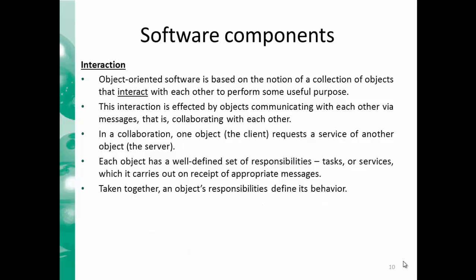Now, the class defines the way its objects interact with the world, and this interaction between different objects is very important to perform the tasks. So I may bring more than one object from Java, for example, and build a bigger component.